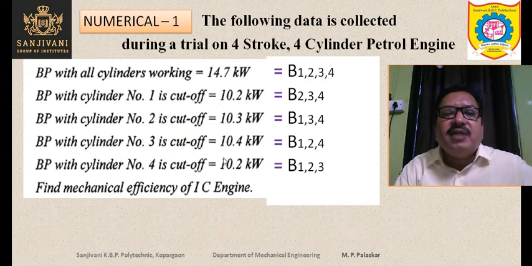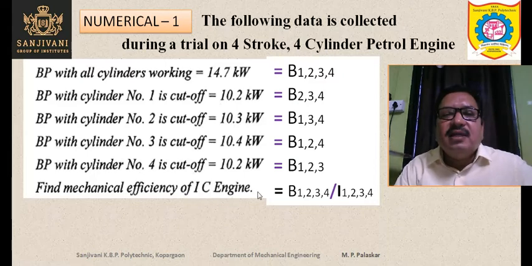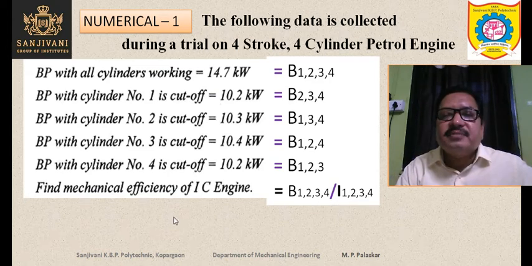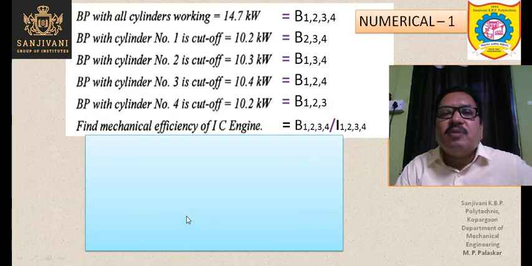After cutting off cylinder number 4, brake power is again 10.2 kilowatt and denoted as B123. And the mechanical efficiency we have to find, and that is the ratio of brake power and indicated power of all the 4 cylinders combined. So this is our problem, and these are the notations which we will be using. Let us go ahead to solve this problem.